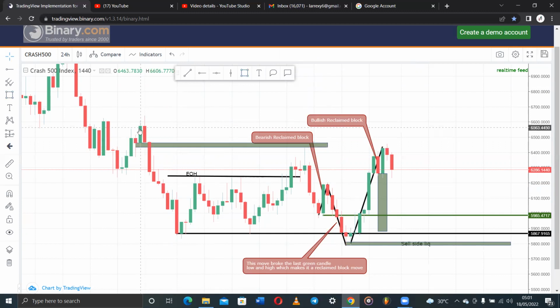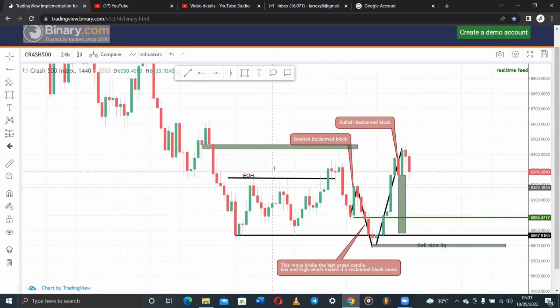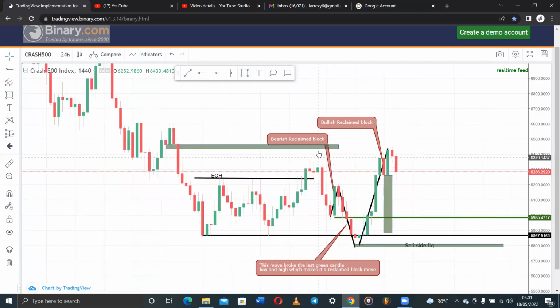So the bullish order block is the last green candle that was created before a down move, as you can see. And then the bearish order block is the last red candle that was created before an upward move. We are going to see that soon. So you see, it used the opportunity to mitigate the order block, then came down again into the range.